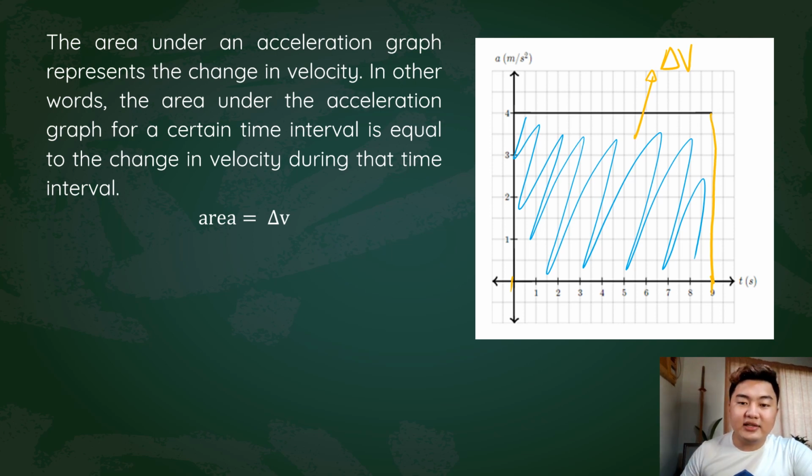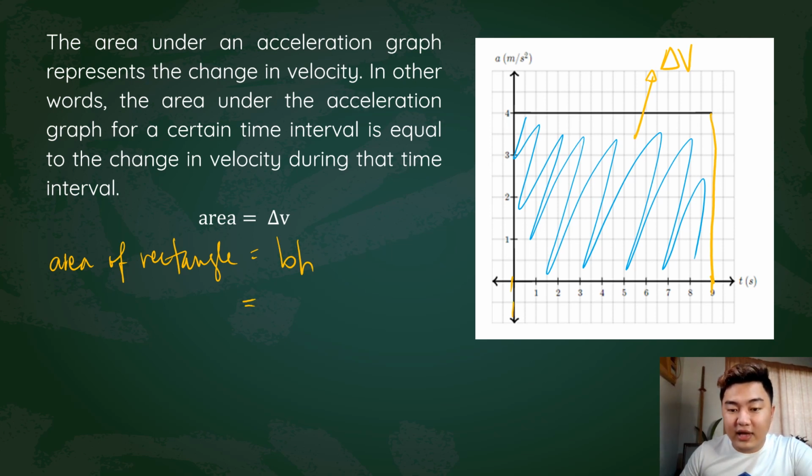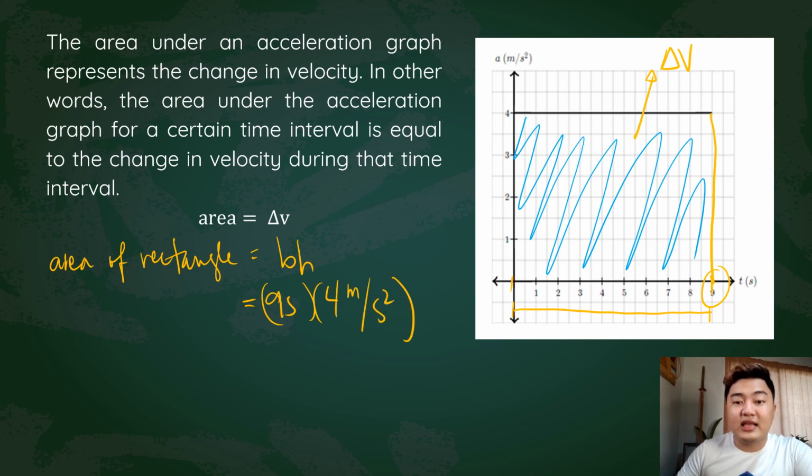So let's take this for example. We are to solve for the area in this graph. Since it's a rectangle, the area is equal to base times height. The base is 9 seconds, times the height, which is 4 meters per second squared, because that's acceleration.